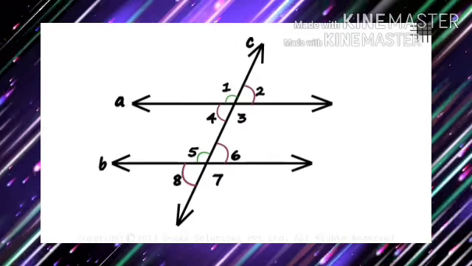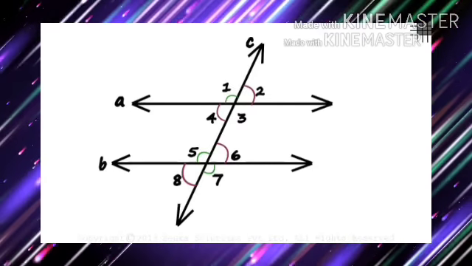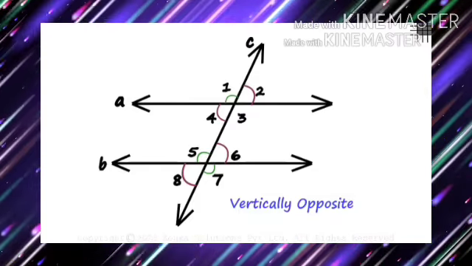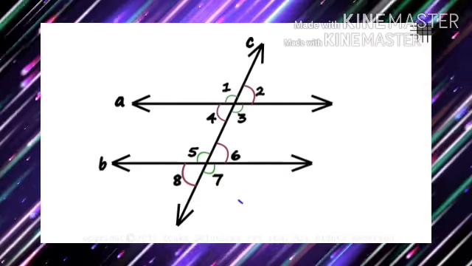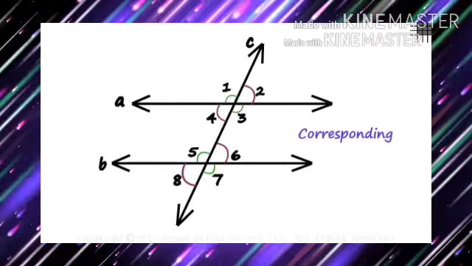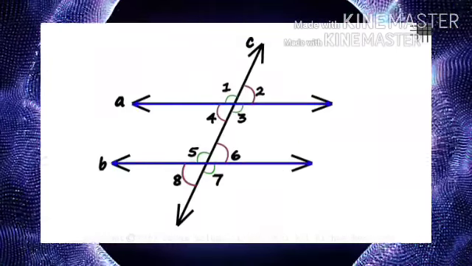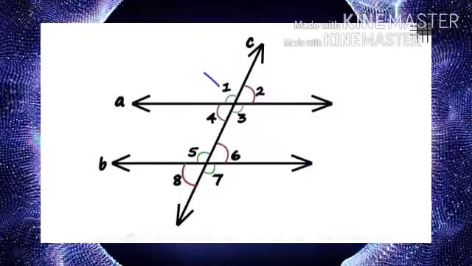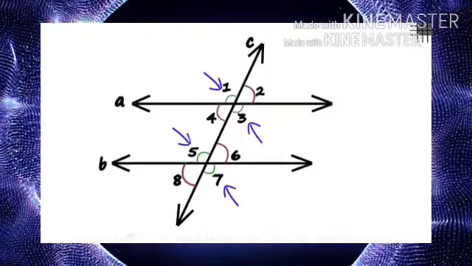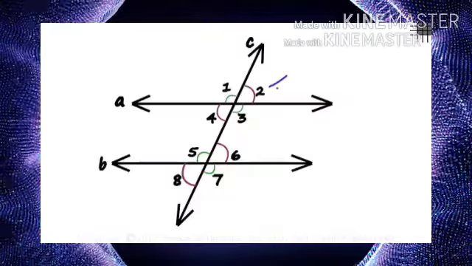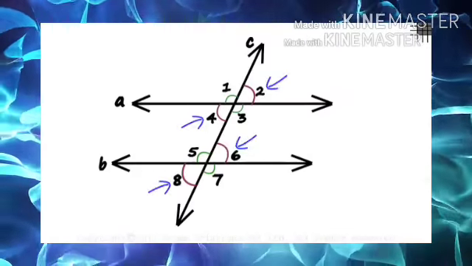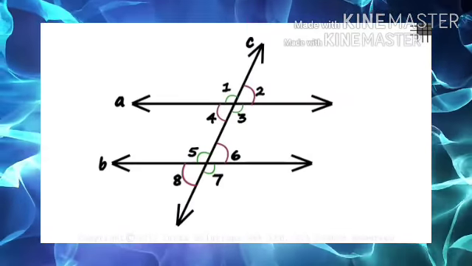Angle 1 and 5 again form a pair of corresponding angles and 5 and 7 are vertically opposite angles. Similarly, 1 and 3 are vertically opposite angles and 3 and 7 are corresponding angles. Now you can see that angles 1, 3, 5, 7 are equal and 2, 4, 6, 8 are also equal.